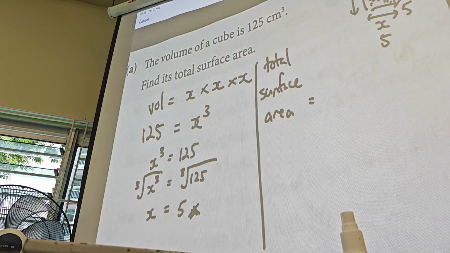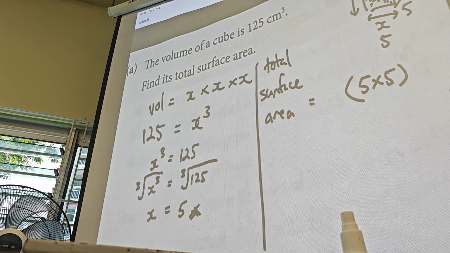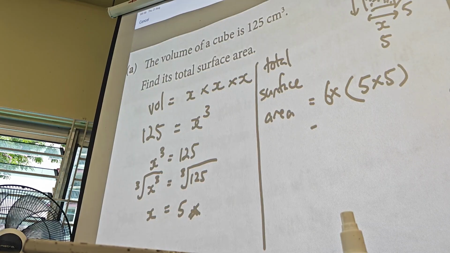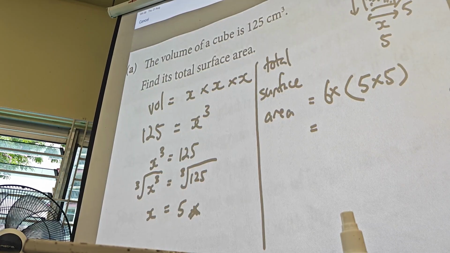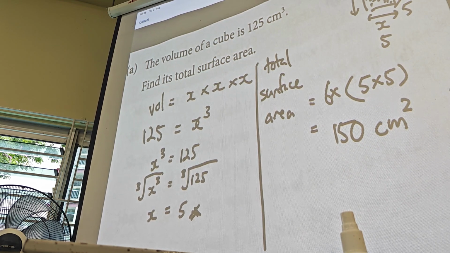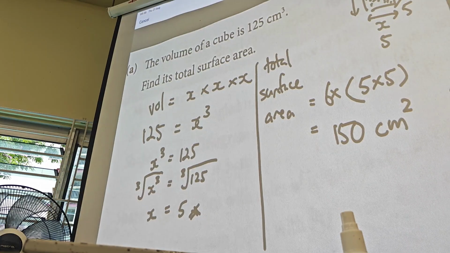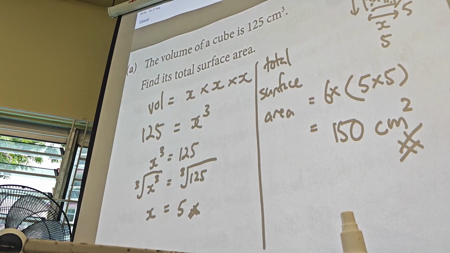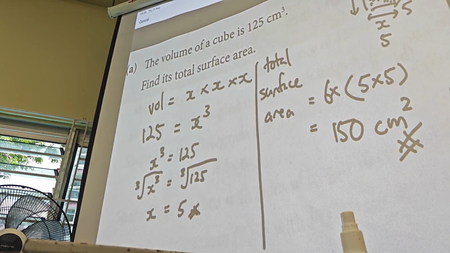Because now I know each side is 5, one square is 5 times 5, and the cube is made up of 6 of the squares. I started with cm, so this is still cm, area is cm squared. Follow?